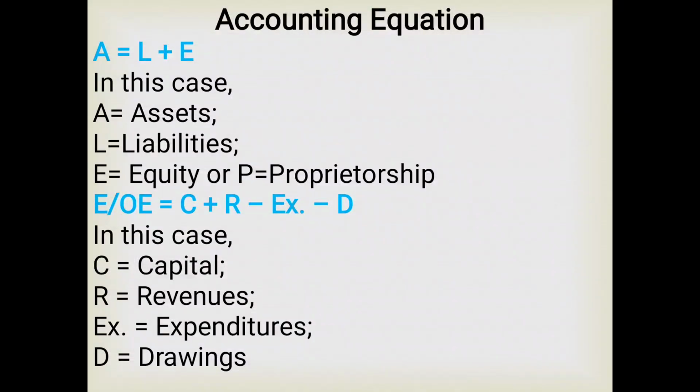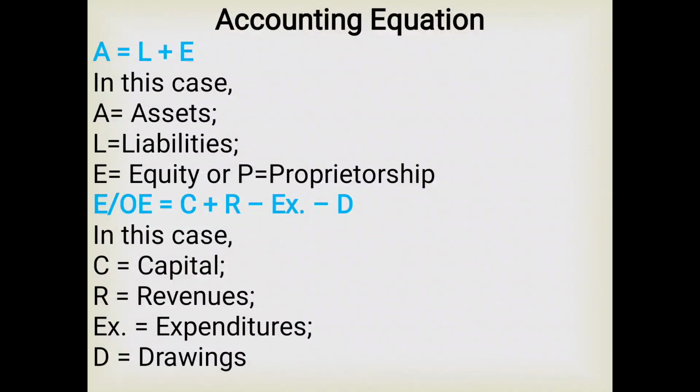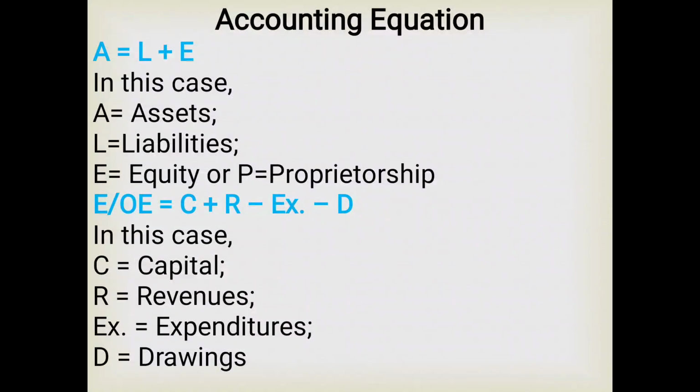The basic accounting equation, also called the balance sheet or financial position equation, represents the relationship between assets, liabilities, and equity of a business. It is the foundation for the double entry bookkeeping system. For each transaction, total assets equal total liabilities and equity.